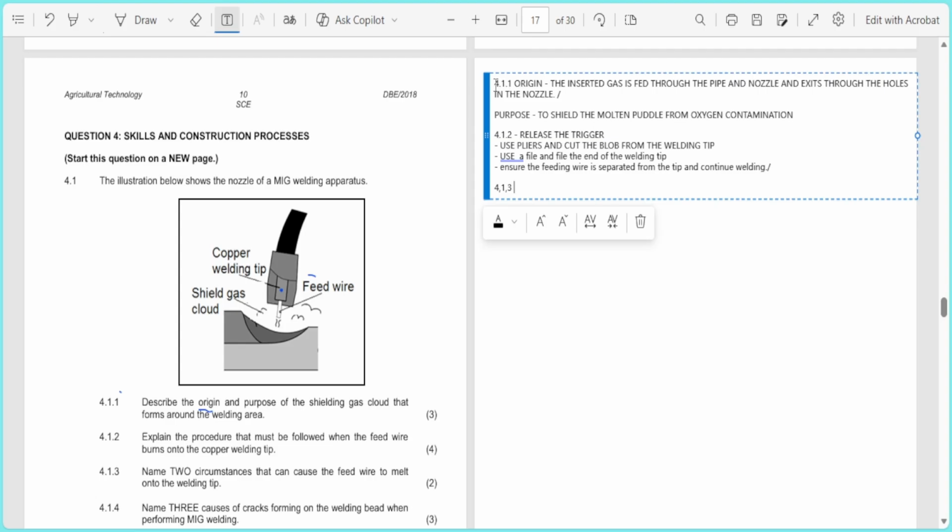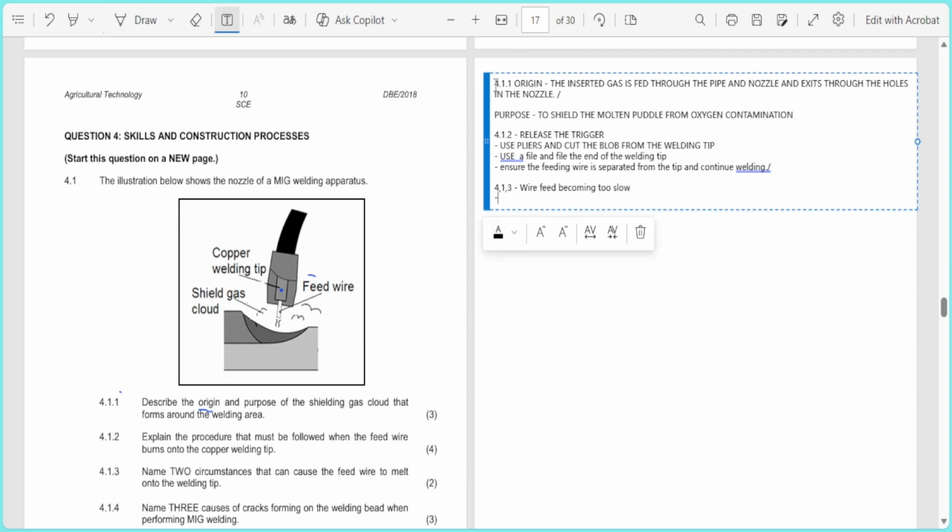So here we want to give two circumstances that can cause the feed wire to melt onto the welding tip. Let's start here. How many do they want? 2. Okay, only 2. So it can be anything from a wire feed becoming too slow.